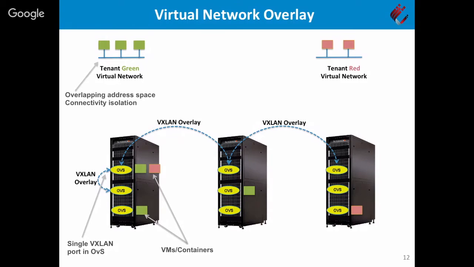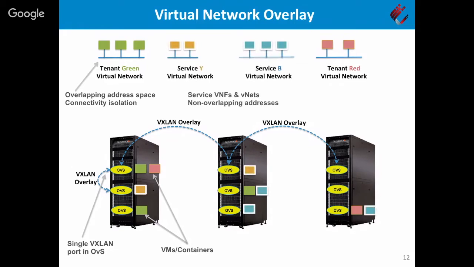The next thing I wanted to tell you is that, of course, the basic tenets of virtual networking is that we must support address space isolation and overlapping address space, and we do that. But the thing that we do beyond what you will find anywhere else with virtual networking is that we also have the ability to do service chaining. Okay?